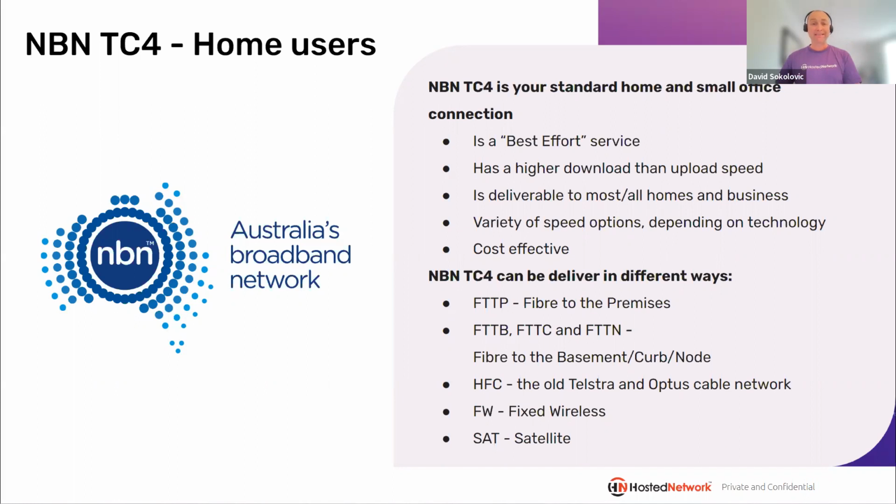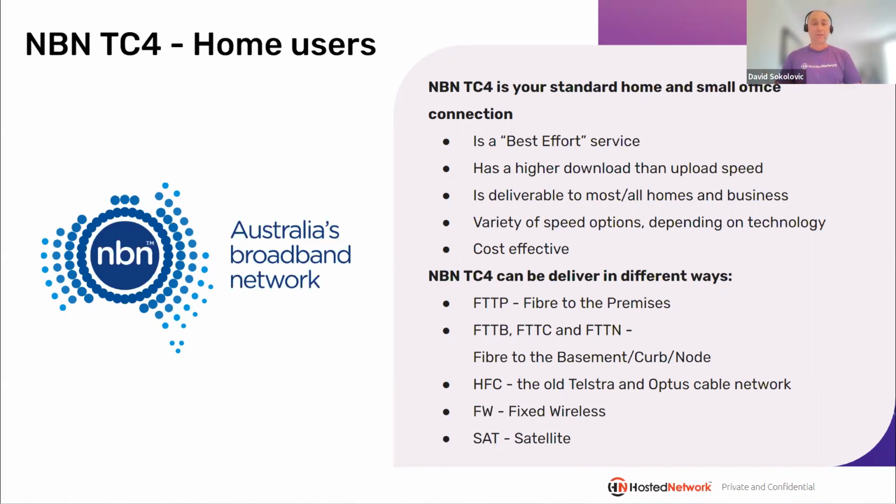FTTB, FTTN, and FTTC still use a portion of the old copper phone lines, but at varying lengths. Fiber to the basement, FTTB, still uses the building's internal wiring for the last bit of delivery. FTTC, fiber to the curb, will use a copper phone line terminated in your street and then fiber back to the NBN network.